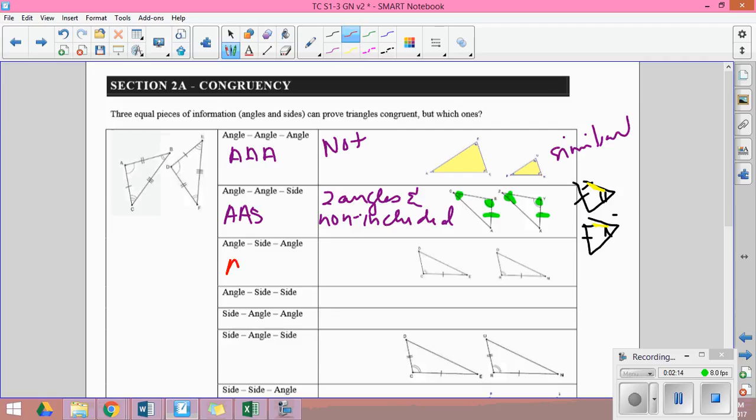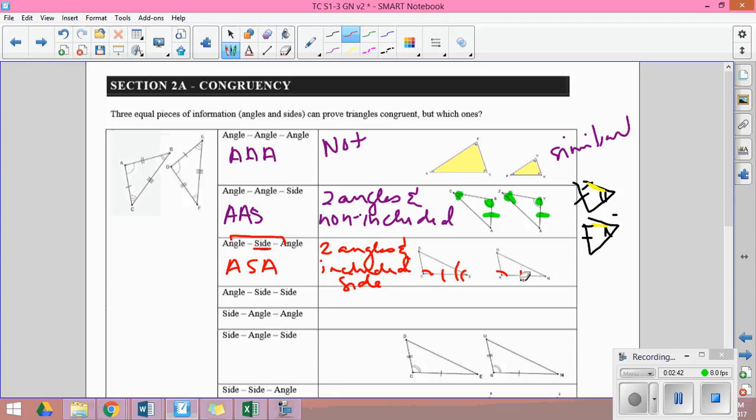Angle, side, angle is exactly what it says. We know the side between the 2 angles. So it's 2 angles of one triangle are congruent to 2 angles of the other, and we know the included side. And so we know this angle, this side, this angle.